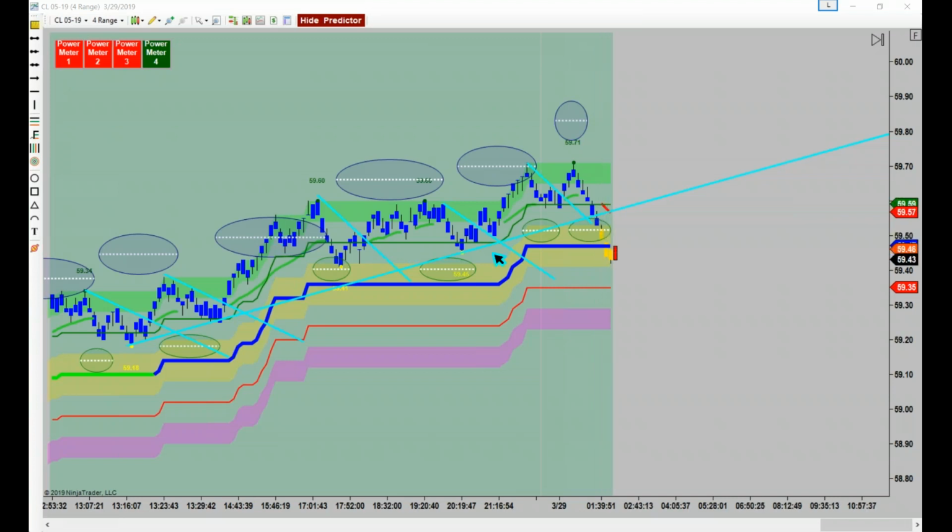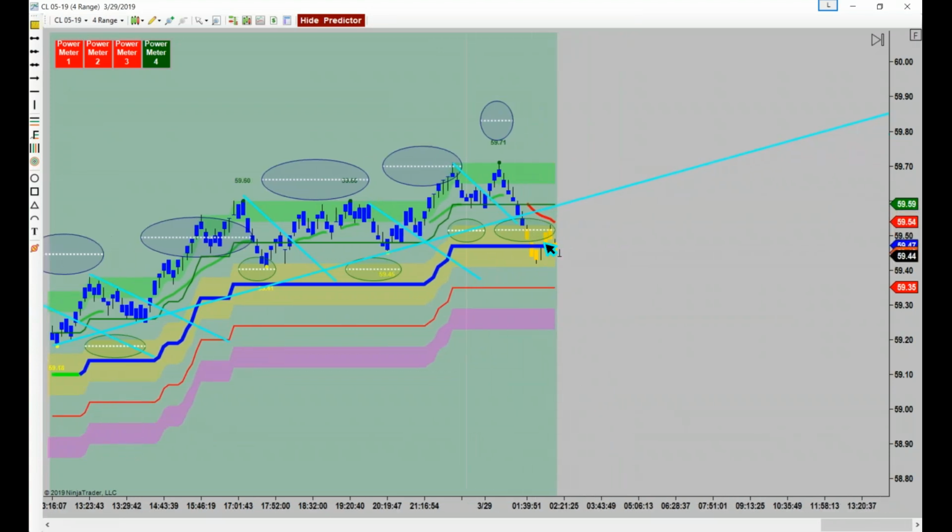Now, look at this. What's happening right now? Anybody? Let's just keep watching it. I've got it going about 100 times, so it may go too quick. Let's just see. There you go. Is that a trend line?